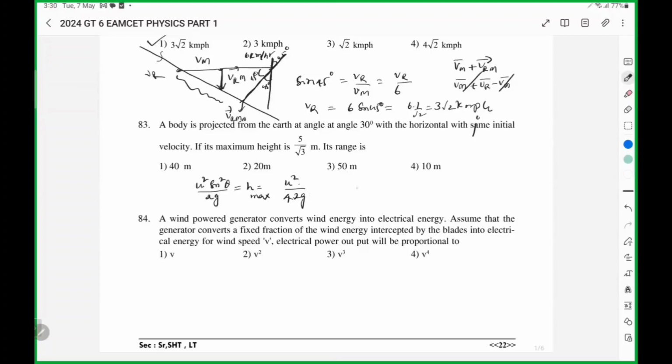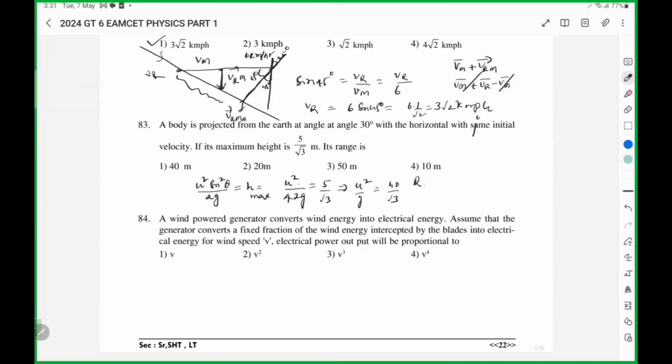The maximum height here is given as 5 by root 3. From this, u square by g will be 8 into 5, 40 by root 3.